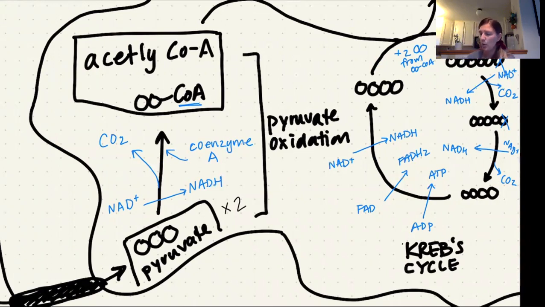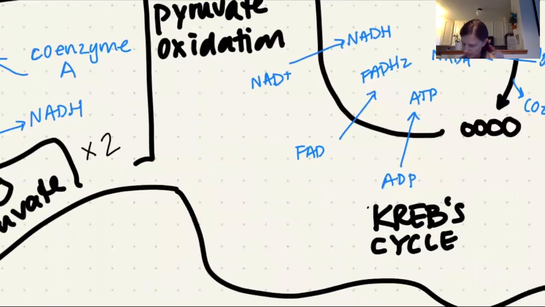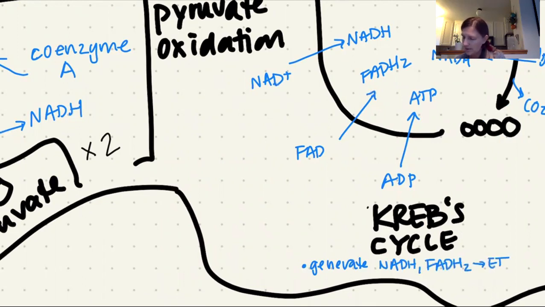And in this whole process, you're going to generate NADH and FADH2, which are going to go to the ETC, and you get a little ATP out as well. And you're going to get CO2 out, right?